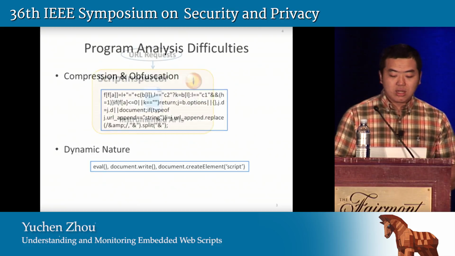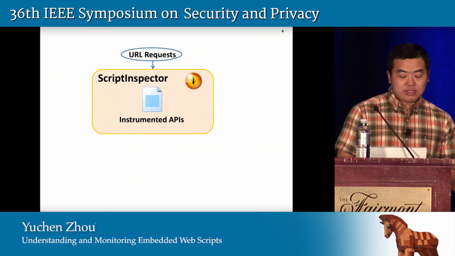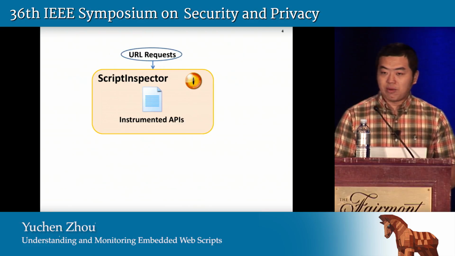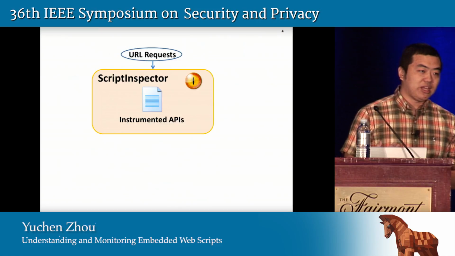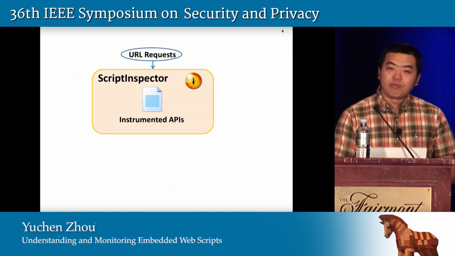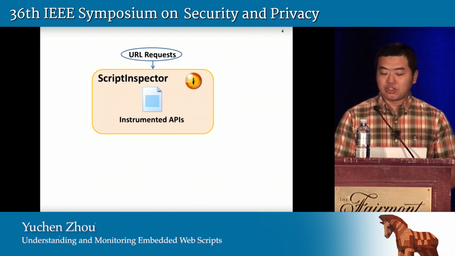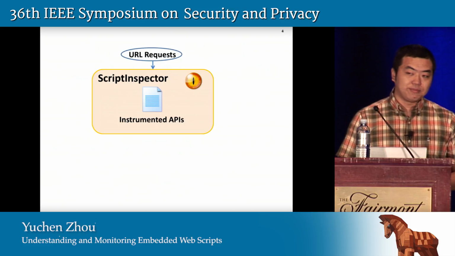To this end, we propose Script Inspector. This is a set of tools that helps developers or concerned users understand the behavior of third-party JavaScript better. The centerpiece of this tool is a modified Firefox browser, which has instrumented APIs.